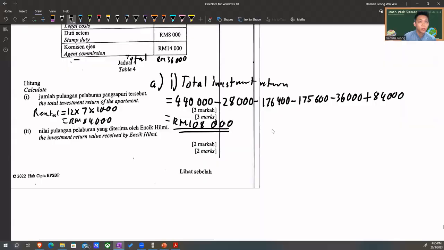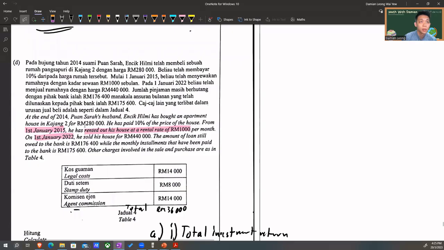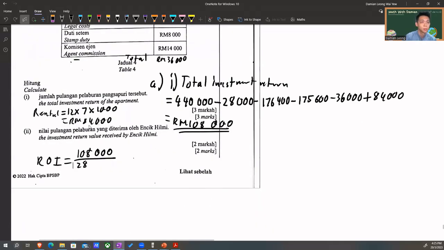So investment return value means return on investment, ROI, which is the percentage of return compared to the cost. So it's 108,000 over the cost. Cost we consider as the price of the house, 280,000, times 100%.